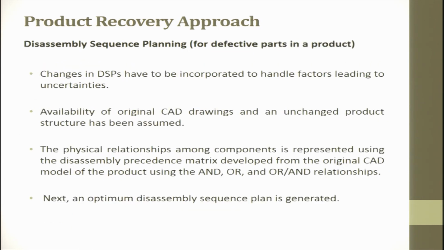Disassembly sequence planning for defective parts in a product. Changes in disassembly sequence planning have to be incorporated to handle factors leading to uncertainty.